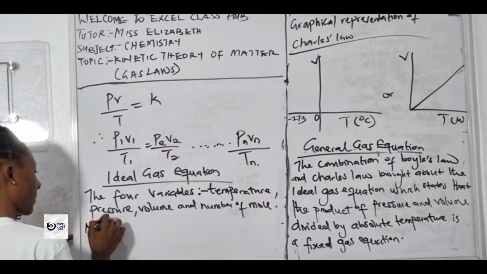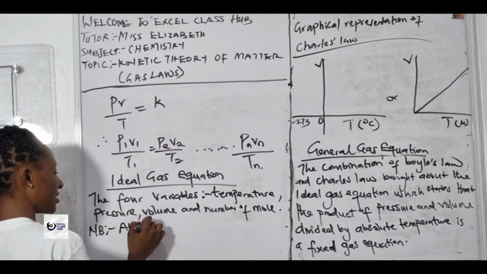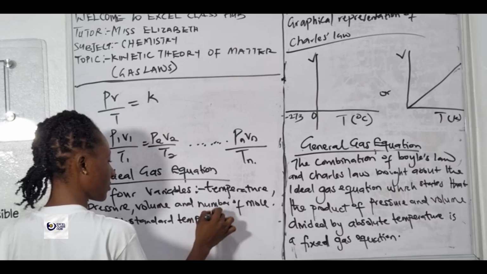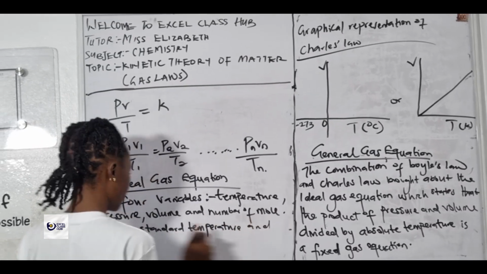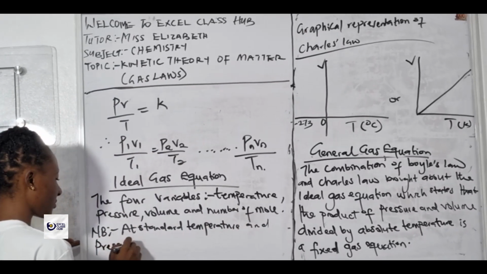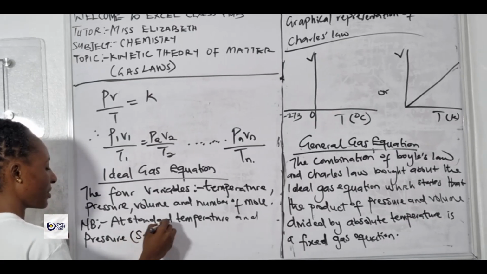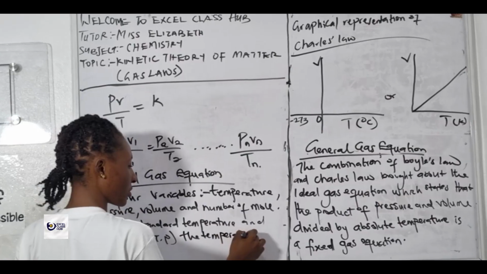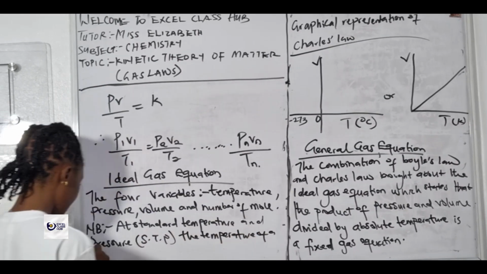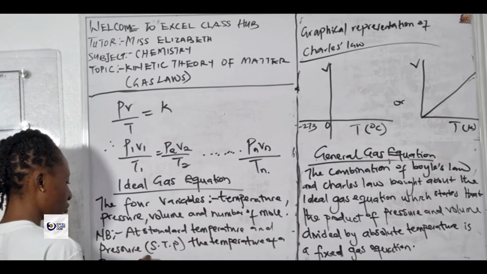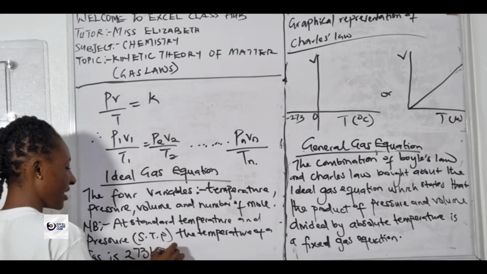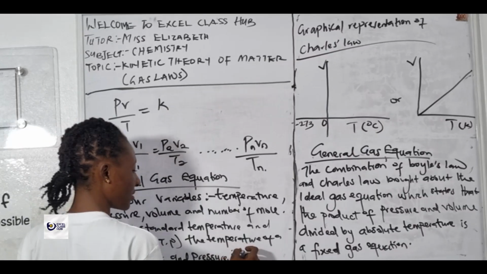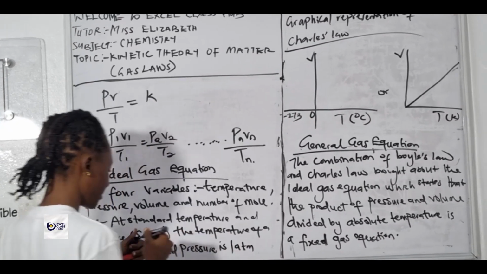Note, at standard temperature and pressure, which we know as STP, the temperature of a gas is 273 Kelvin and the pressure is 1 atm.